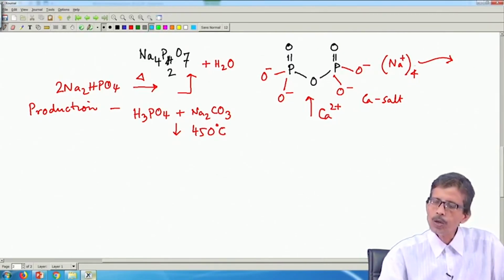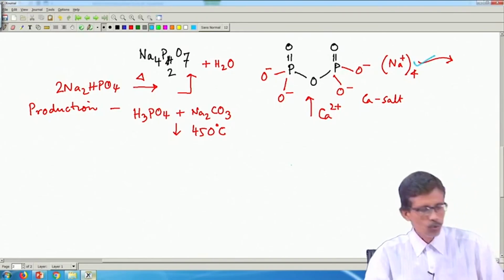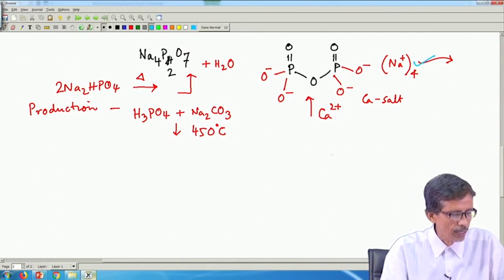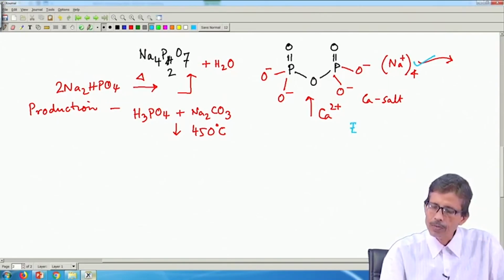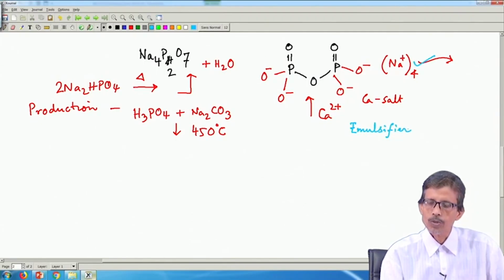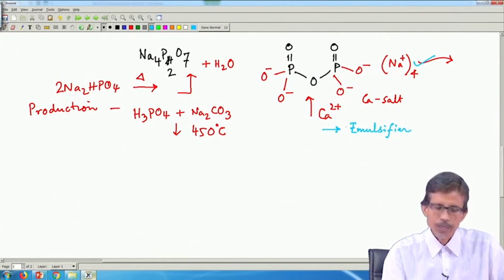So, how useful is this sodium salt? It can be utilized as an emulsifier, like the potassium salt we have seen, which can be used as an emulsifier, and as a buffering agent.